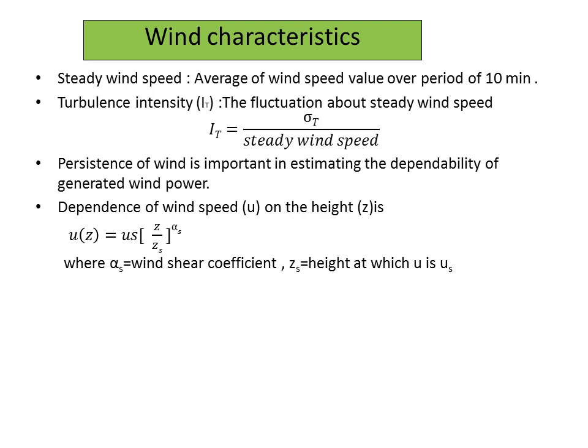This wind shear coefficient depends on various factors. It shows large variation over a 24-hour period. It changes less than 0.15 during the night and greater than 0.5 during the day.